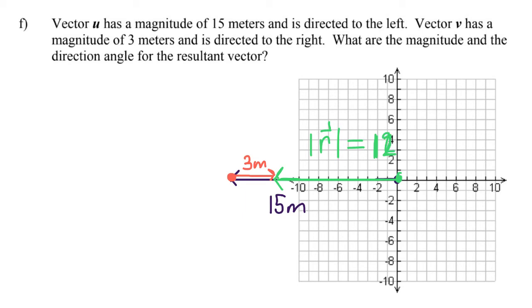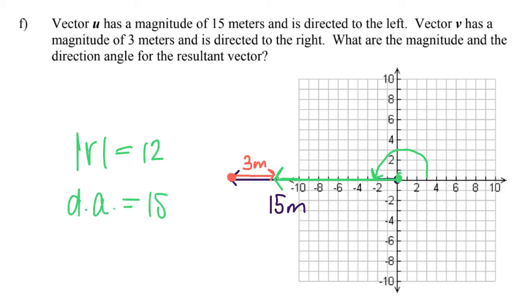That one is not that difficult of a problem, but it can be very tricky. So again, we found that magnitude to be 12. Now what about the direction angle? The direction angle is going to be from here to here, so it looks like it's going to be 180 degrees. This time we did not generate a triangle, but that's quite okay.